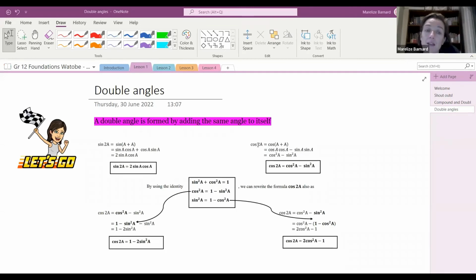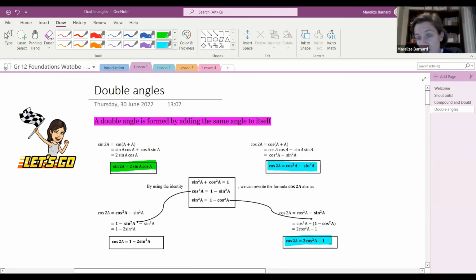Okay, now for the double angles, there's one expansion for sine of 2a, which is this one here. Sine of 2a is 2 sine a cos a, but cos 2a's got three different expansions. Okay, so cos of 2a can be cos squared minus sine squared.